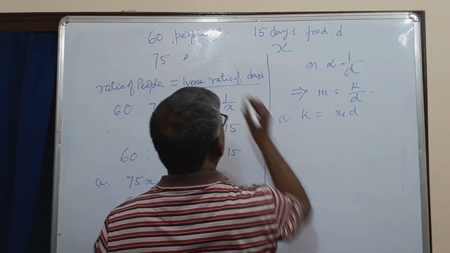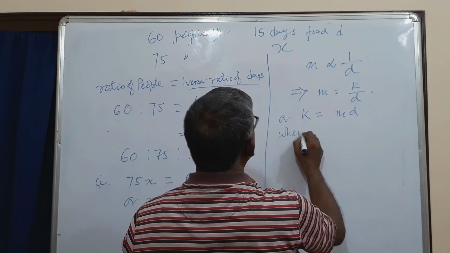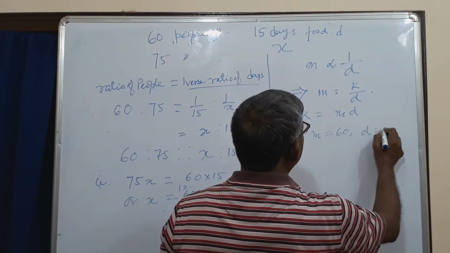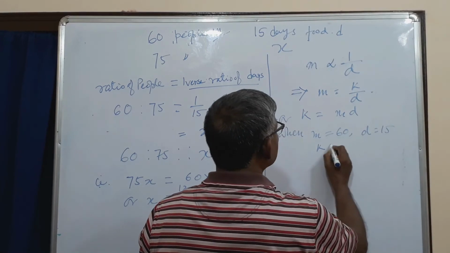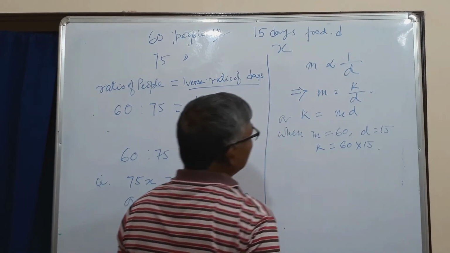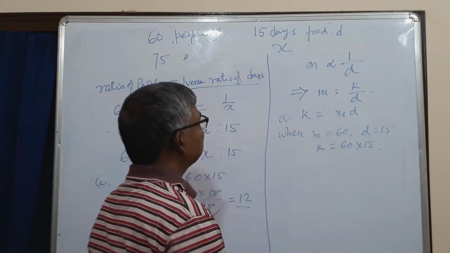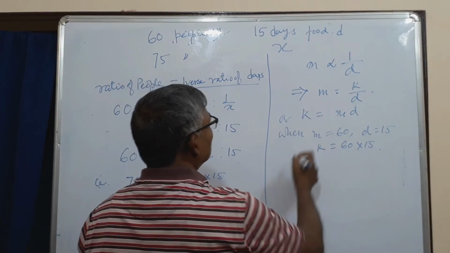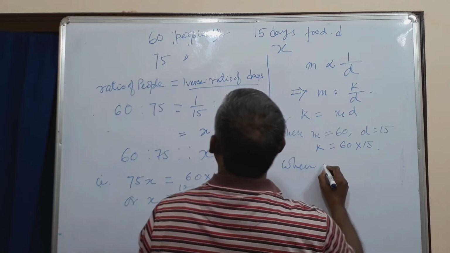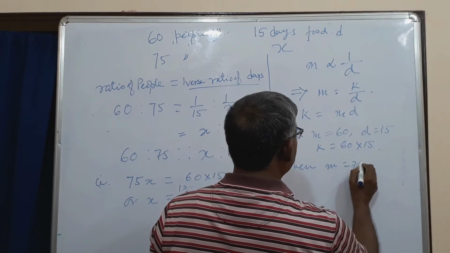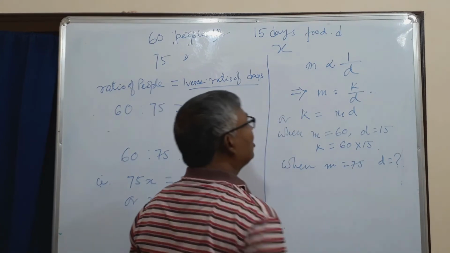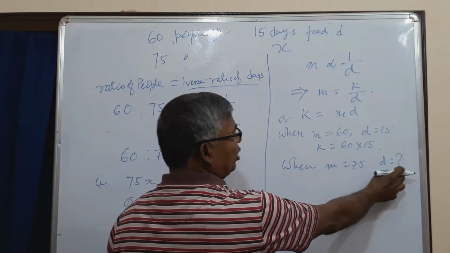Now from the relation, when m equals 60, d equals 15, k equals 60 into 15; you need not multiply it. Now when m equals 75, what would be the value of d? We have to find d.